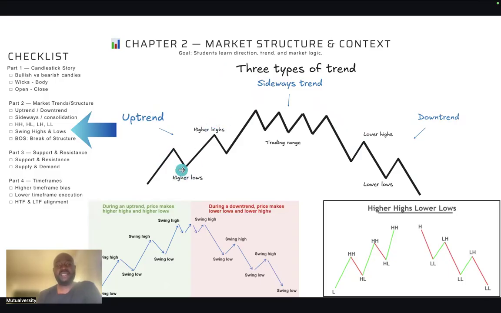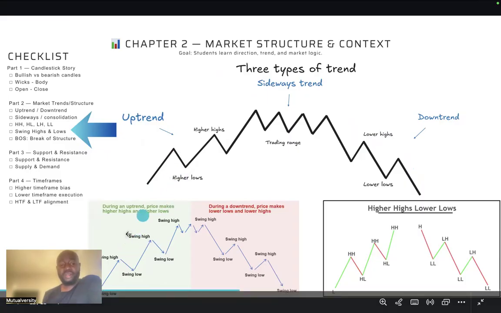So in an uptrend, you always have higher highs and higher lows. Price will come from a higher low, then create a higher high, then a higher low, then a higher high. Then when it comes to a downtrend, it creates a lower low, a lower high, a lower low, a lower high. Those are the patterns that indicate a downtrend or an uptrend.